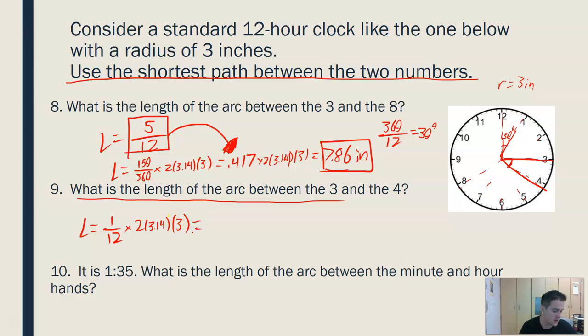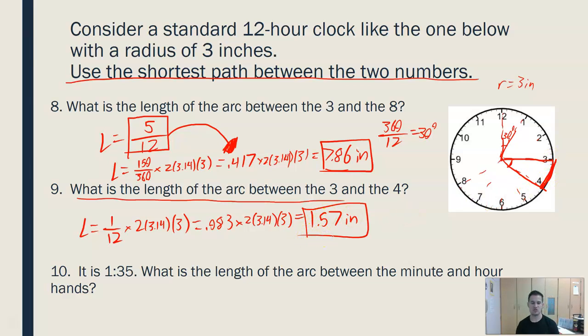Well, 1/12 is 0.083 times 2 times 3.14 times 3, which is 1.57 inches. So the distance from here to here is 1.57 inches.